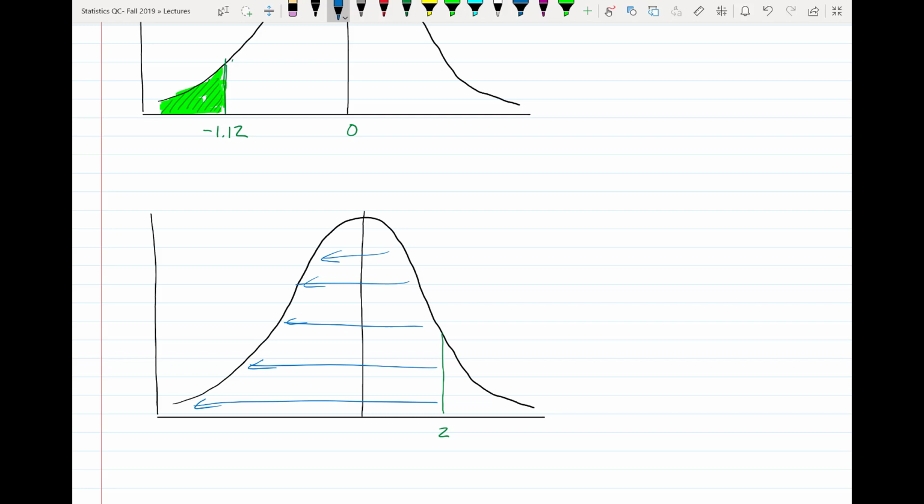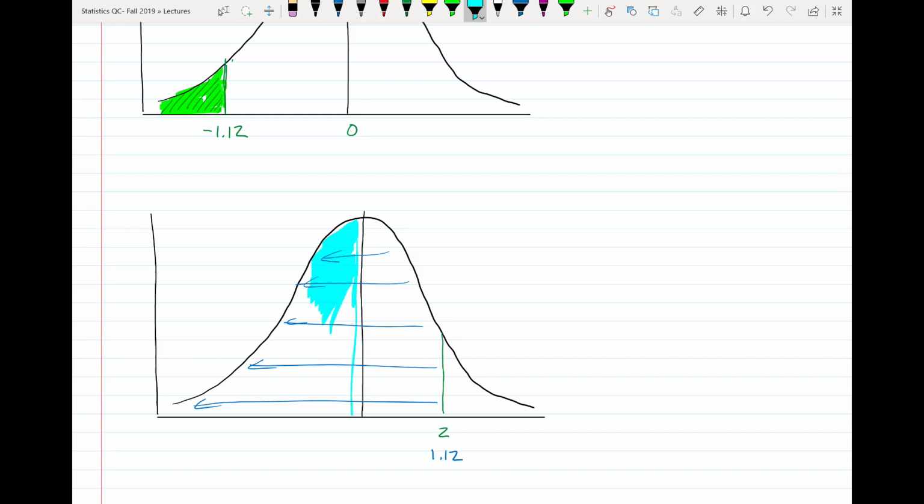All right, how do we solve this kind of a problem? Same way, right? We're looking for the probability that a score is less than 1.12. Now, again, we don't know from our table what this shaded area is.